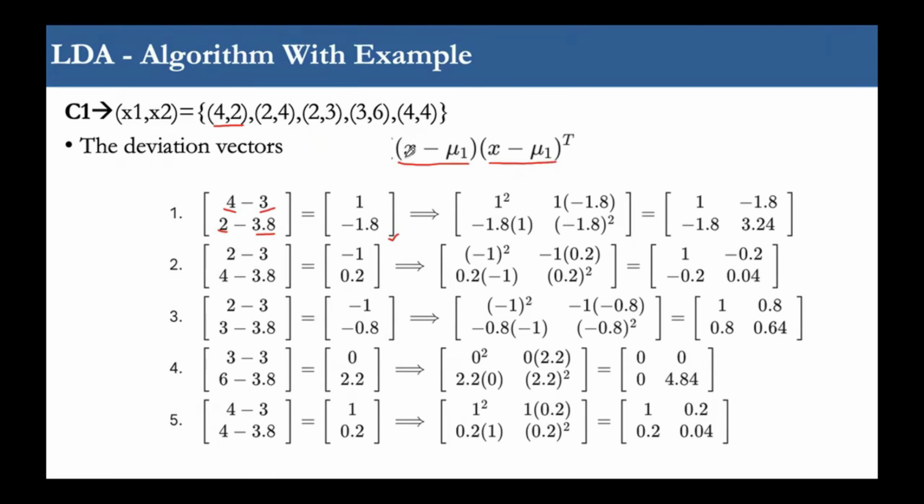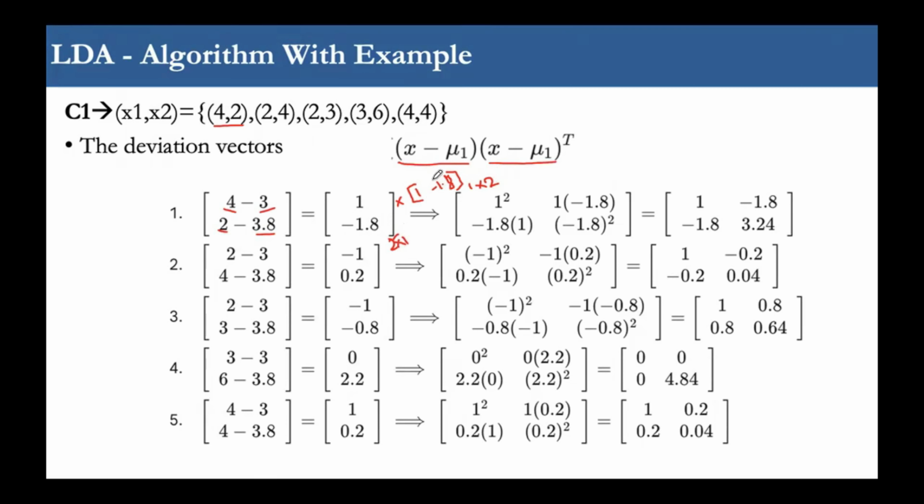And we need to multiply this x minus mu1 into x minus mu1 transpose. So we write it as the column 1, minus 1.8 times the row 1, minus 1.8. This matrix size is 2 by 1 and this matrix size is 1 by 2.